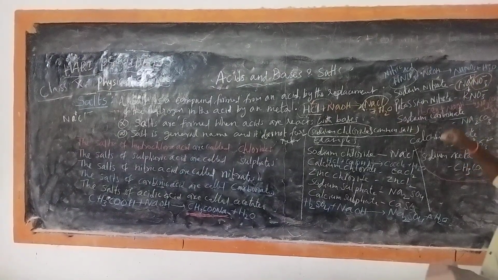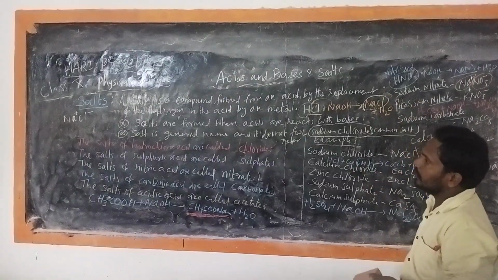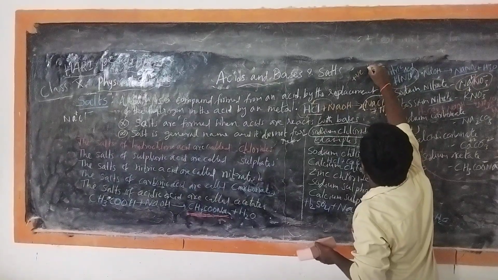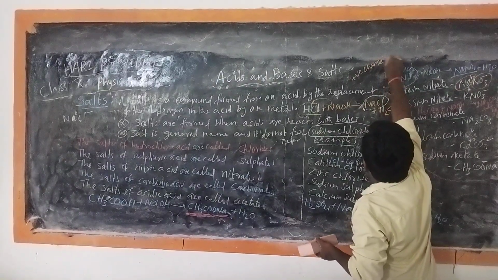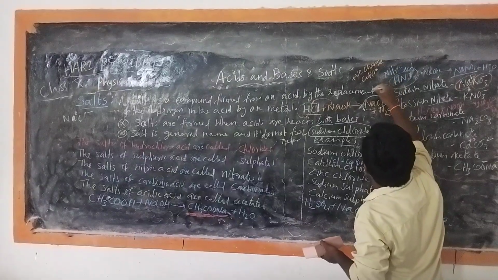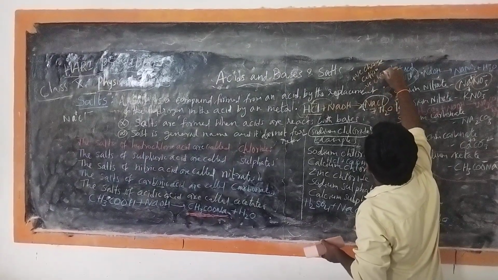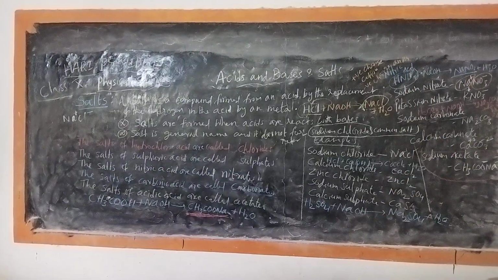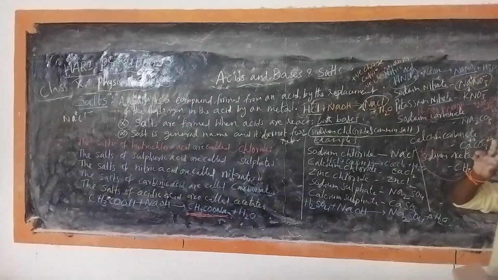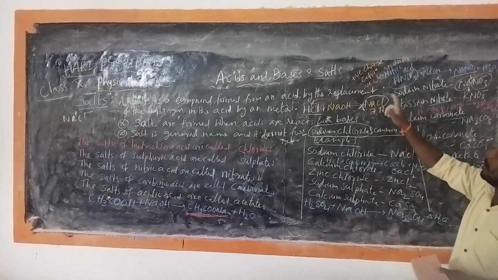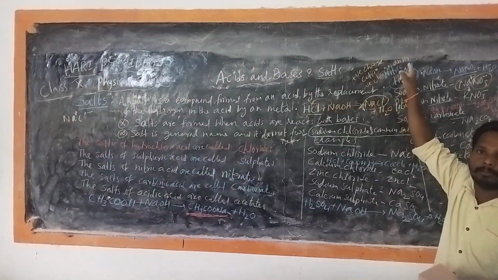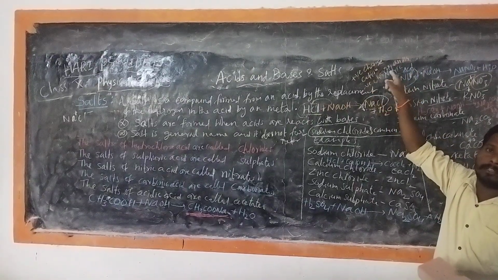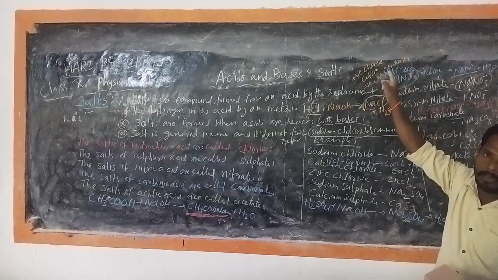A positively charged ion is called a cation, and a negatively charged ion is called an anion.